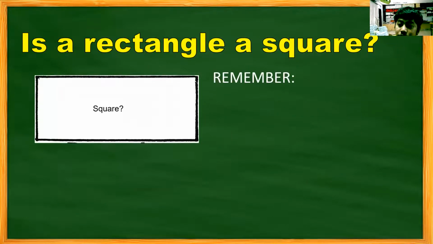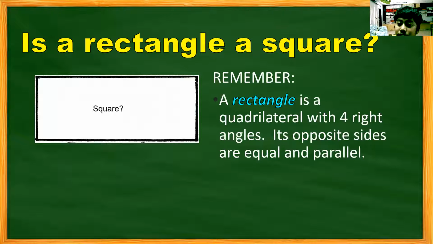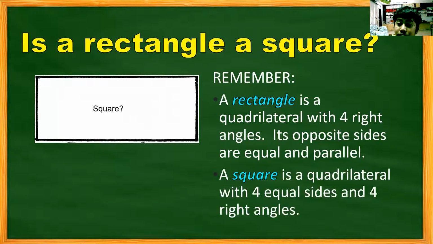Okay, square. Remember, a rectangle is a quadrilateral with four right angles. Its opposite sides are equal and parallel. A square is a quadrilateral with four equal sides and four right angles. Therefore, the answer is no, because this rectangle doesn't have four sides with equal measurement.